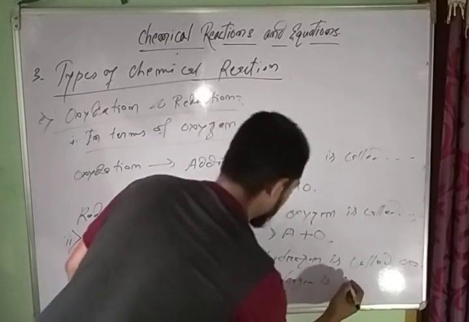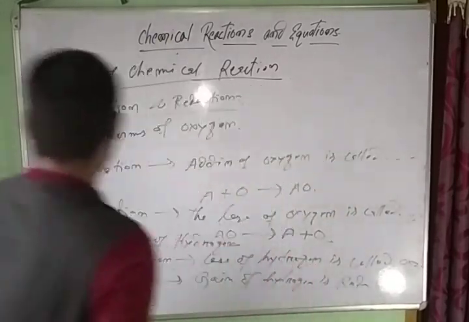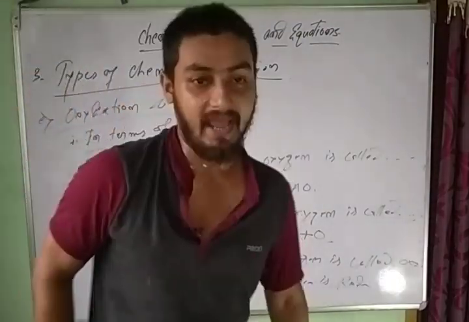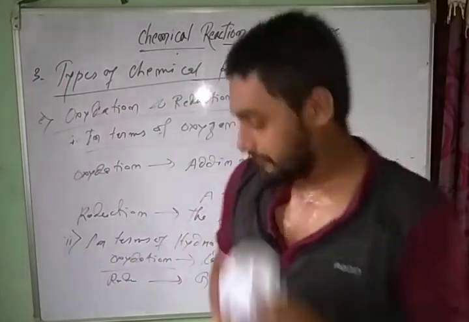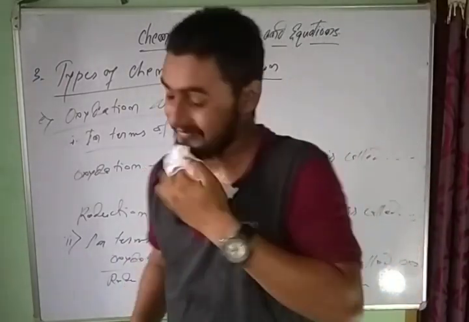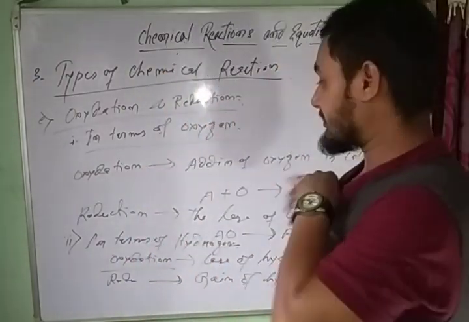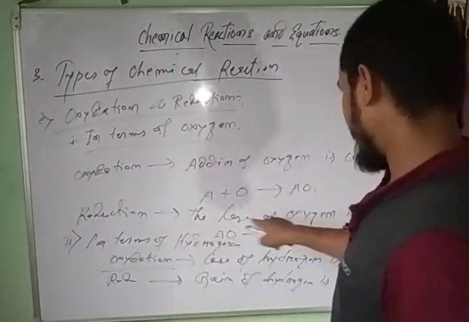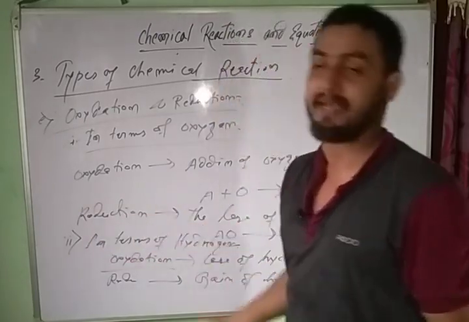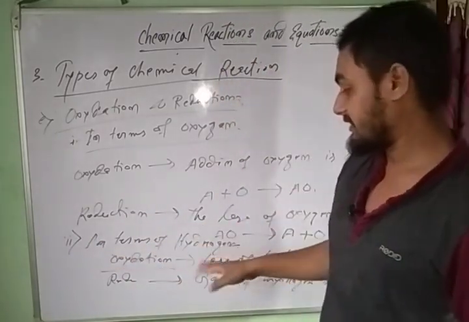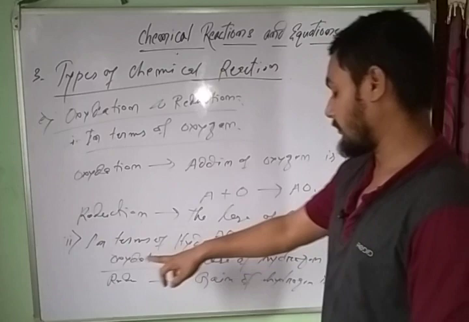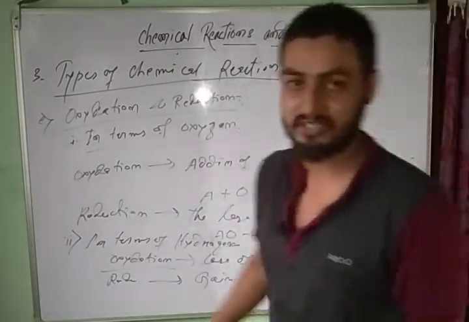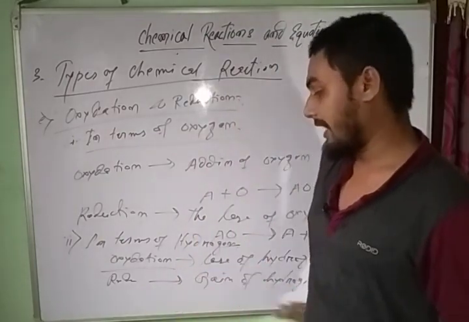So in terms of oxygen, the addition of oxygen is called oxidation, and the loss of oxygen is called reduction. And in terms of hydrogen, the loss of hydrogen is called oxidation, and gain of hydrogen is called reduction.